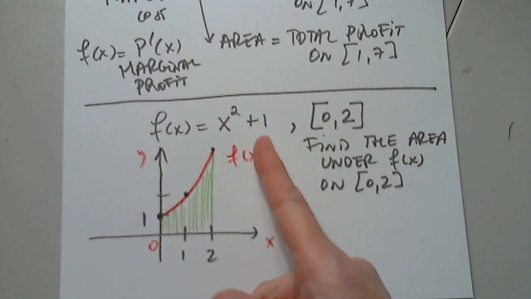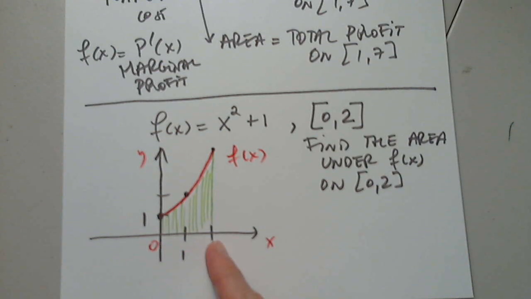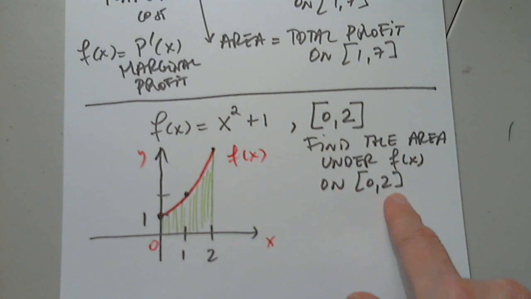So I have a function. I have a closed interval between 0 and 2. And I'm asked to find this area under the graph of f of x on the interval 0, 2. In this class, there are other methods in the next class.